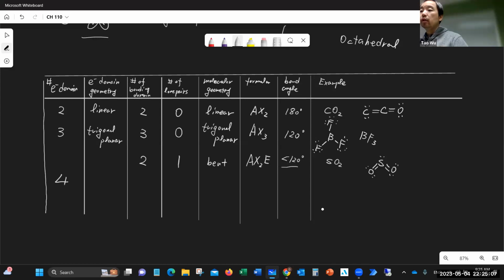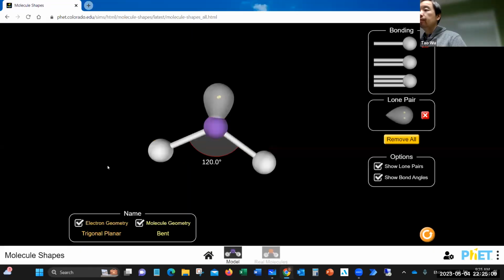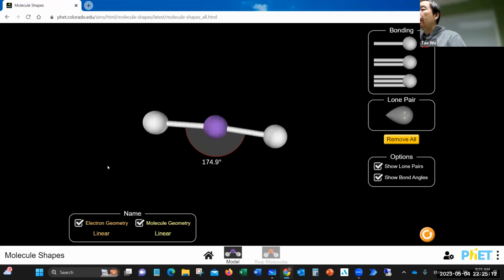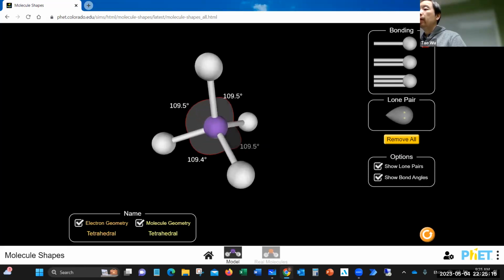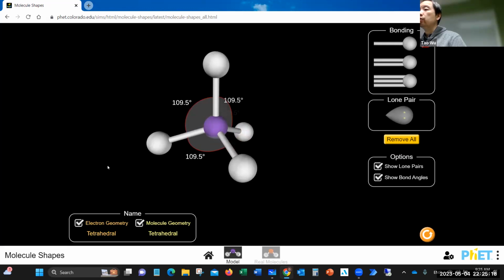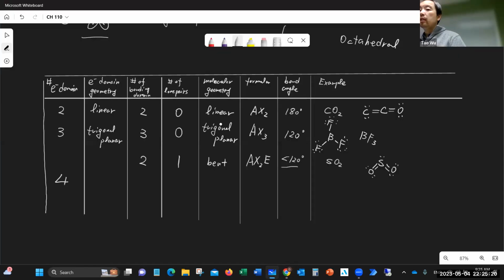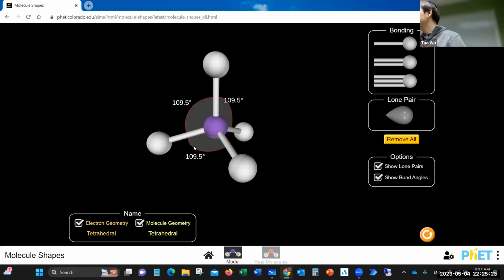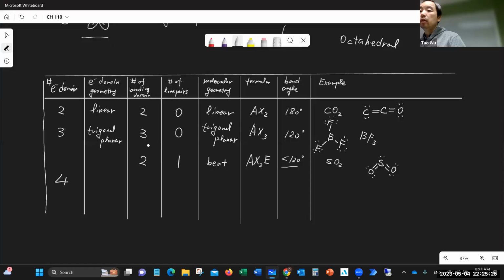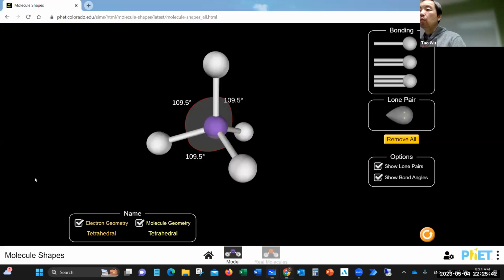Four electron domains is called tetrahedral, and this is a 3D structure. Drawing a 3D structure is usually hard, so let me show you how to draw it. These 3 dots should be in the same plane, and of the other 2, one is sticking out and one is going in.